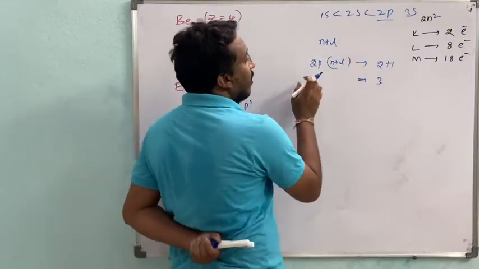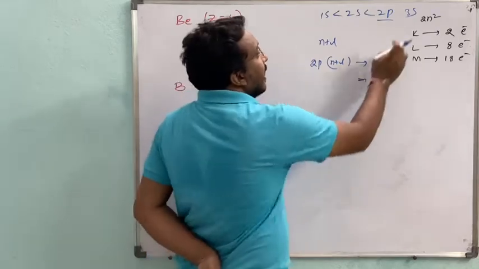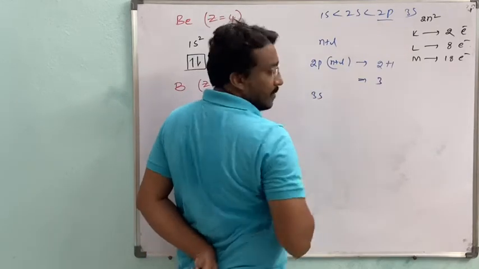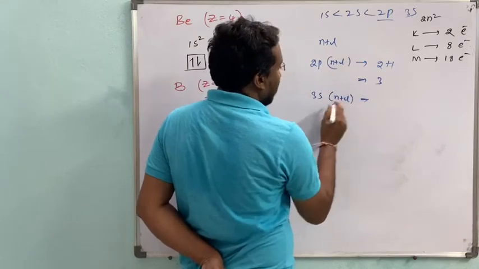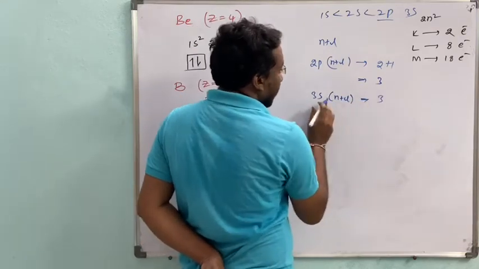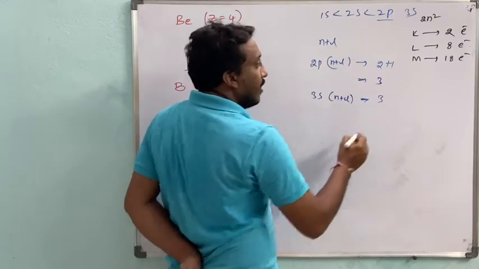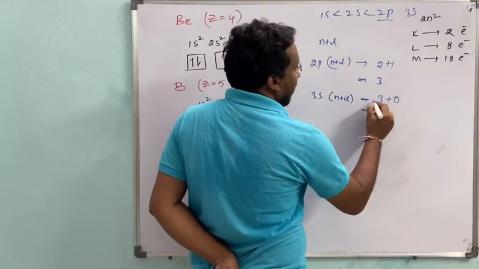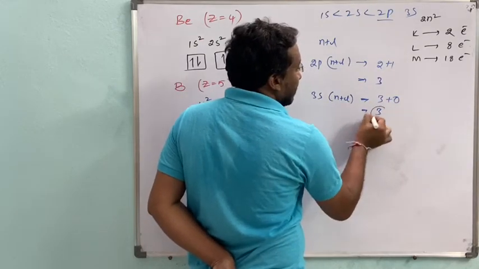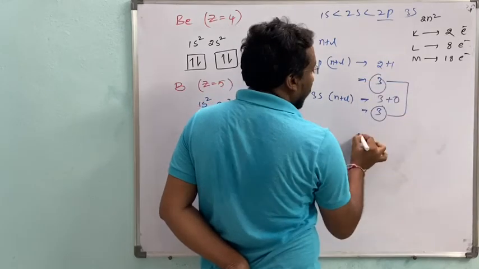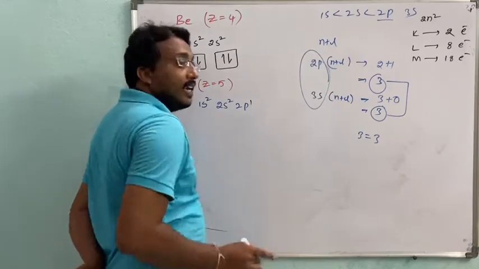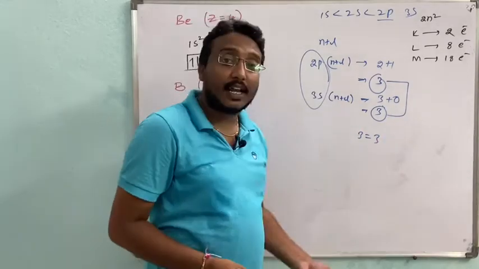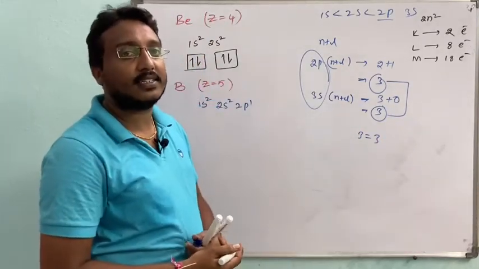The n plus l value of the 2p orbital is 3. And for 3s, n equals 3 and the s orbital's l value is 0, so 3 plus 0 equals 3. Here we got the same n plus l value for these 2 orbitals. In such a case, in which orbital do we fill the electrons?